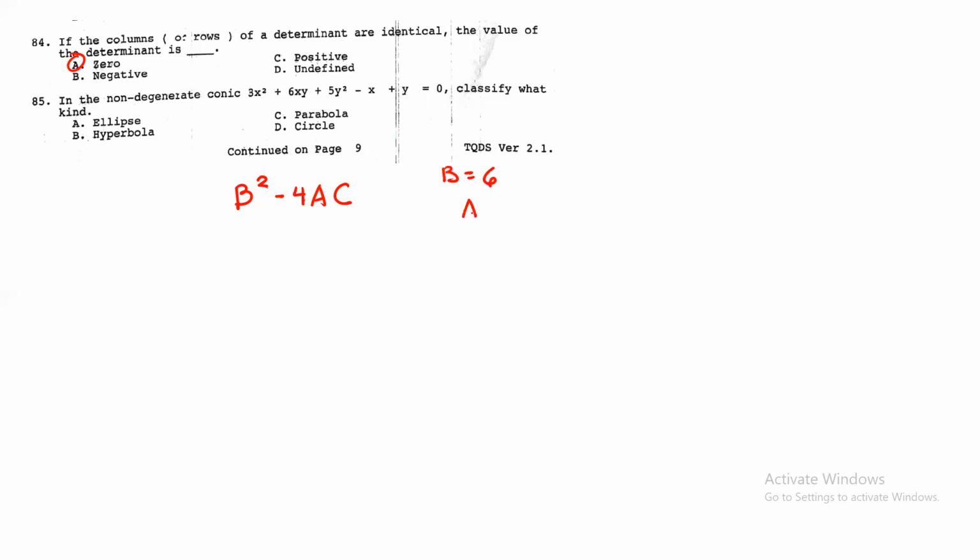Ang a natin dito is 3, ang c natin is 5. So 6 squared minus 4 times 3 times 5. So equals negative 24. So dahil negative siya, less than 0, so pag less than 0, ellipse.